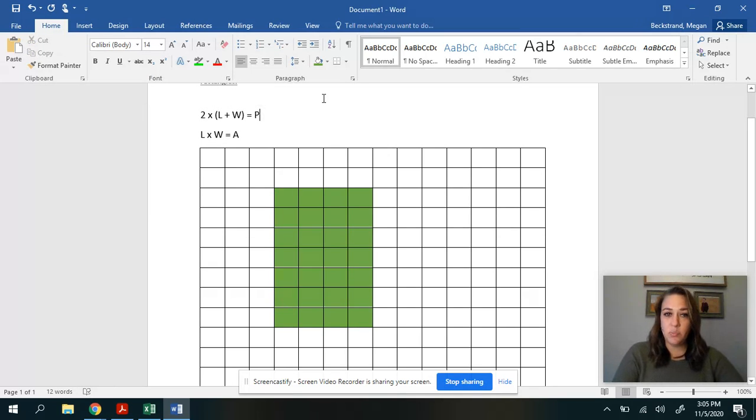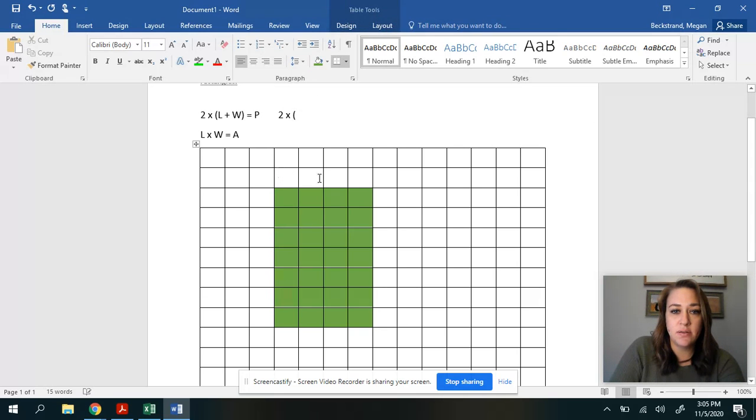But to find the perimeter for this particular rectangle, we can fill our numbers in that formula. So if it's 2 times length plus width, well, this is going to be 2 times, and we said this was 4 units and 7 units. So this rectangle is 4 by 7.